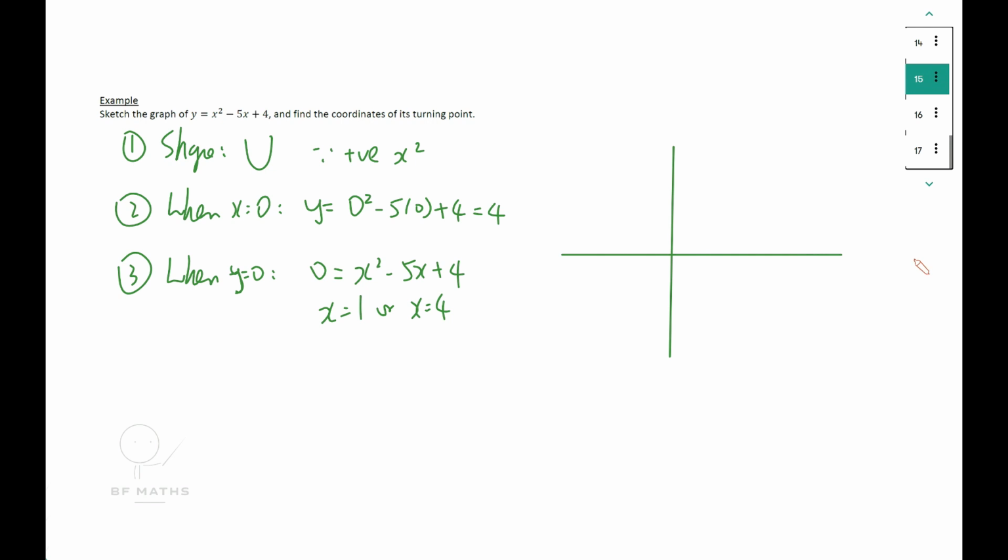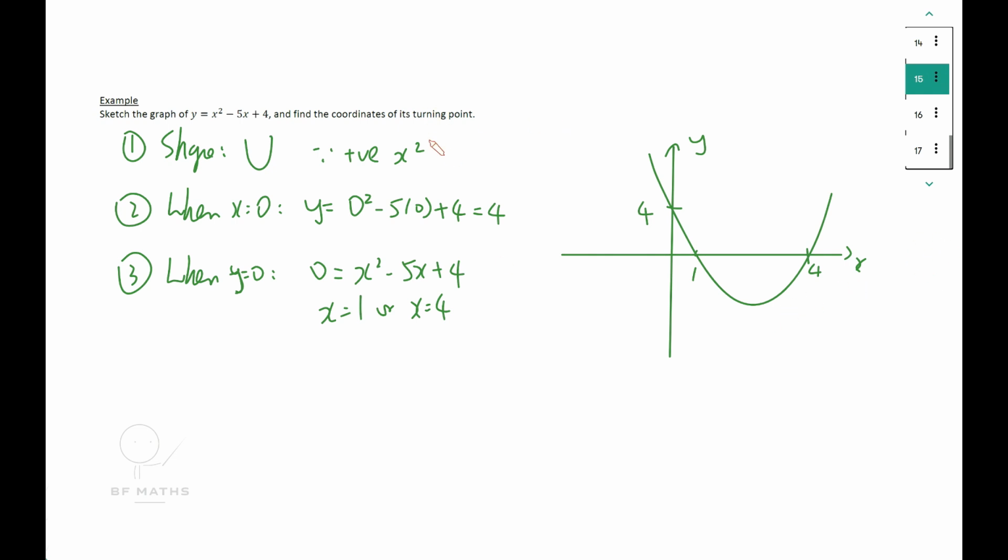So the graph looks like this. We know that's a 4, that's a 1, that's a 4, because these are the roots. That's what sketching means. Sketching is not plotting. Plotting is where you have the grids, you have the table of values, and then you have to draw it really to scale, like science graphs usually are.